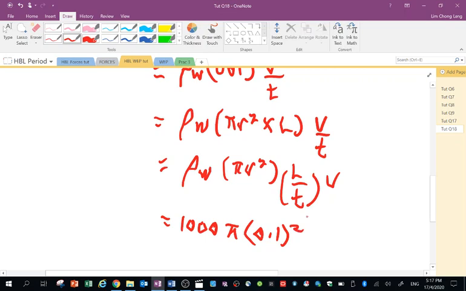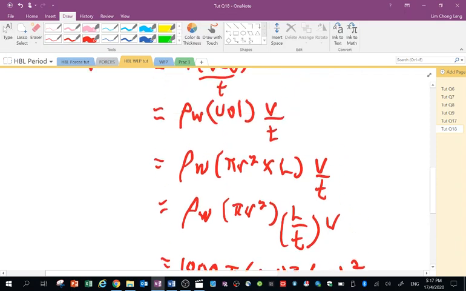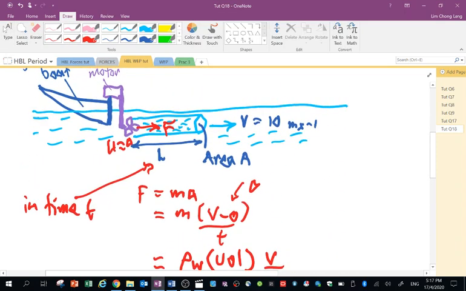So velocity multiplied by velocity, I have 10 squared. Using the calculator, I get a force which is 3140 Newton. So that's the force that is pushing the water or accelerating the water, and as a result, you have a column of water moving backward.